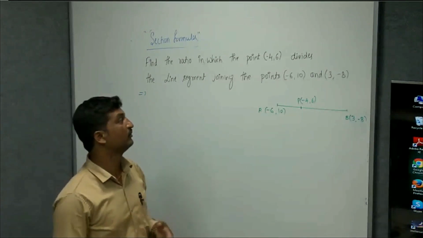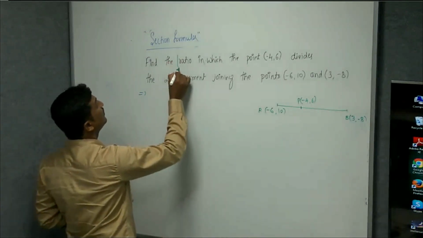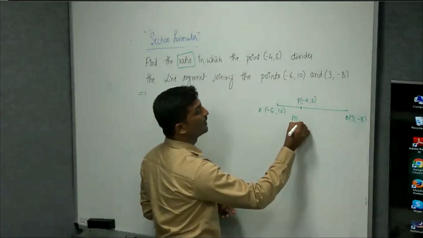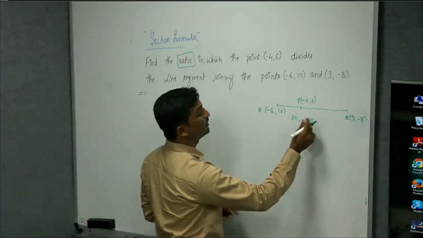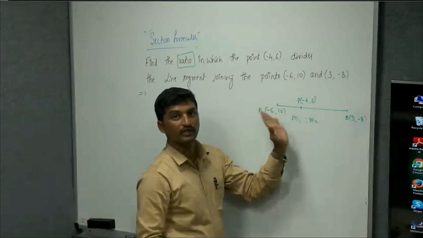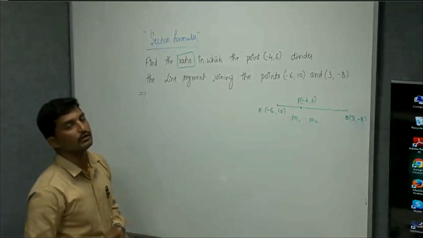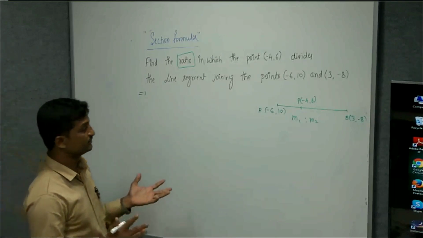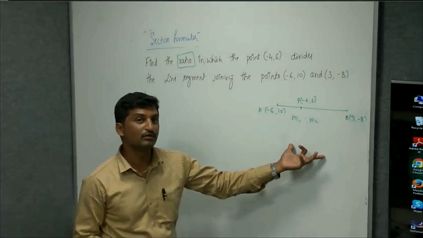Then what is our job? We need to calculate the ratio, that is m1 is to m2. In what ratio does this point divide this line segment? That we need to calculate. So how to calculate it? Is there any formula to calculate the ratio?